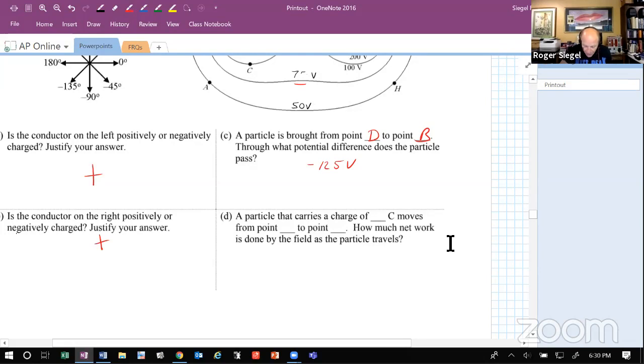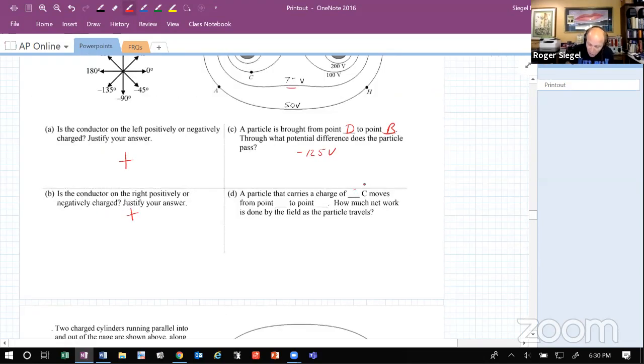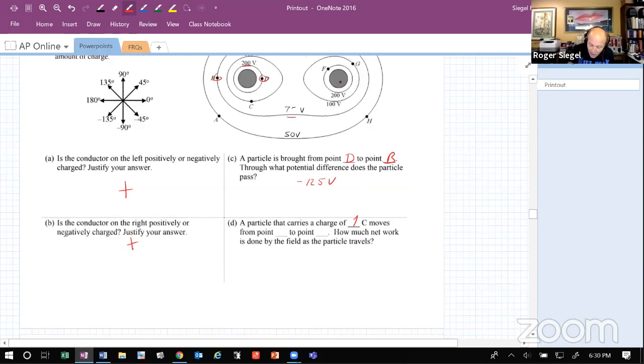All right, and then finally, a particle that carries a charge of 1 coulomb moves from point F to point G. How much net work is done by the force of the field, by the electrical force? Well, the work done by the force is going to be, again, Q delta V, and so that's going to be 1 coulomb, and the change in voltage from F to G is 100 volts.